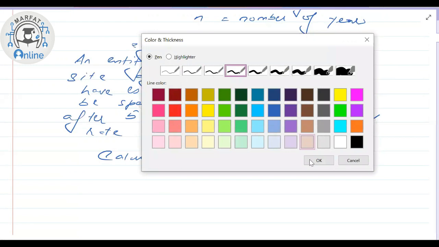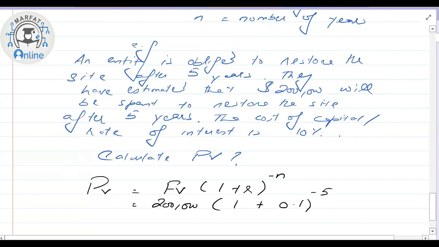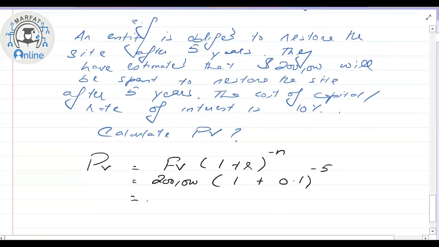So how will you calculate it? Present value, PV, equals future value, FV, multiplied by (1 plus R) raised to the power minus N, where R is the rate of interest and N is the number of years. Future value is 200,000. R is 10%, so in decimal 0.1, and N is 5. Solve the bracket first using your scientific calculator: (1 plus 0.1) raised to the power minus 5 gives you 0.620.